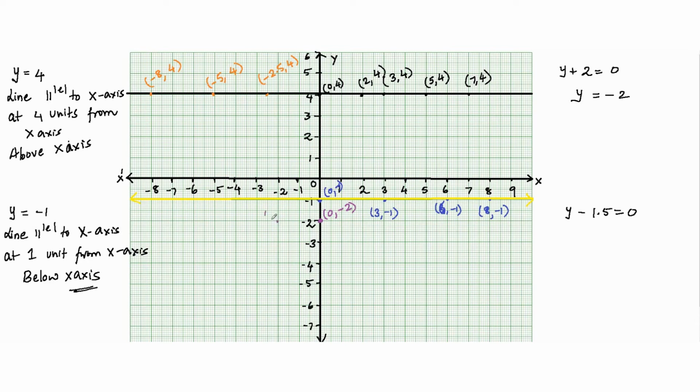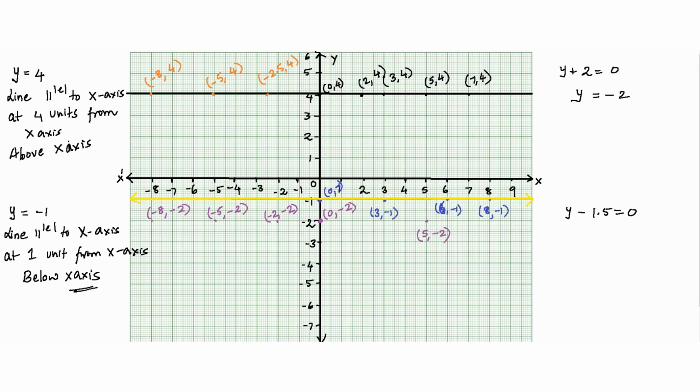This point has x coordinate -2, y coordinate -2. This point has x coordinate -5, y coordinate -2. This particular point has x coordinate -8, y coordinate -2. Similarly, this particular point has x coordinate 5 and y coordinate -2.